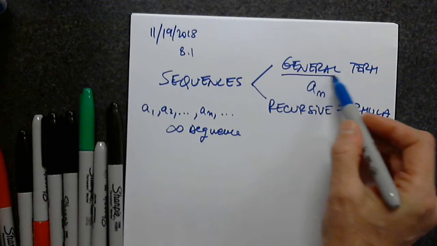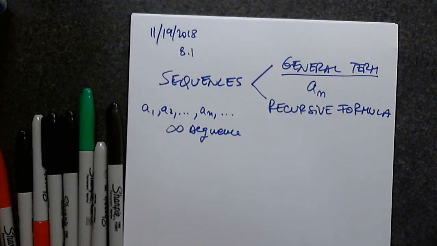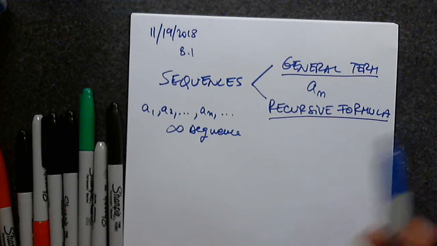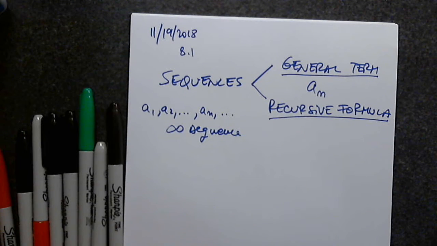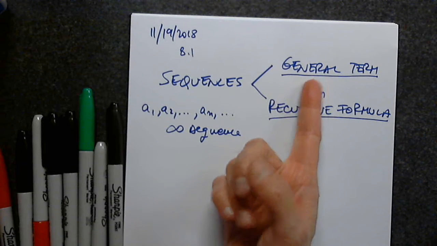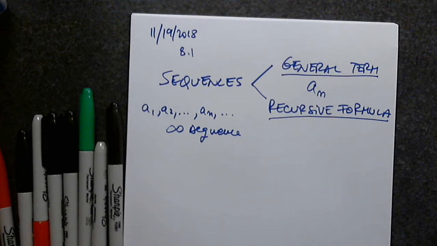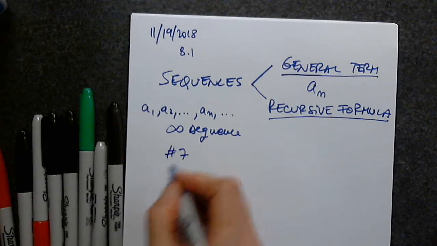So let's see what happens when we are given a general term. Then let's see what happens when we are given a recursive formula. In both cases, we will be asked just one thing, to determine the first 4 or the first 5 terms of the sequence. So let's start with this situation. On page 752, let's say we're looking at problem 7.